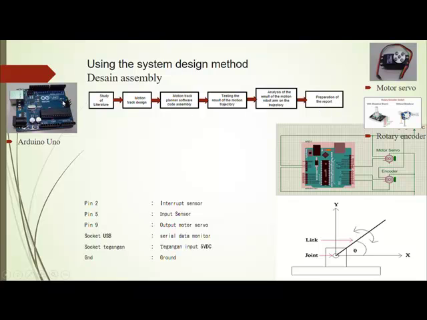We use Arduino Uno, a servo motor, and a rotary encoder, and this is our setup.